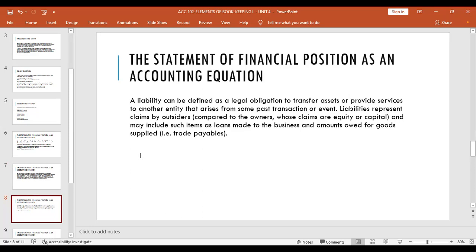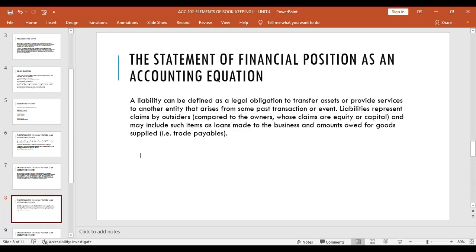So you have to pay for that value either in cash or by rendering service. That is what we call liability. Liability could be in any form. It could be in the form of a loan. You've collected a loan, so in the books of the company that gave the loan, you are a debtor, so you have to pay them. So you have to record that loan as a liability. It's not an income because you're going to pay.